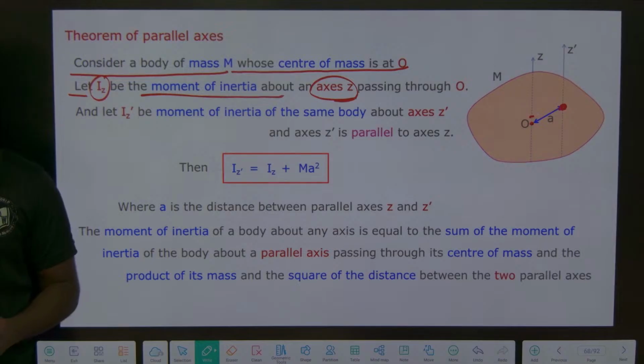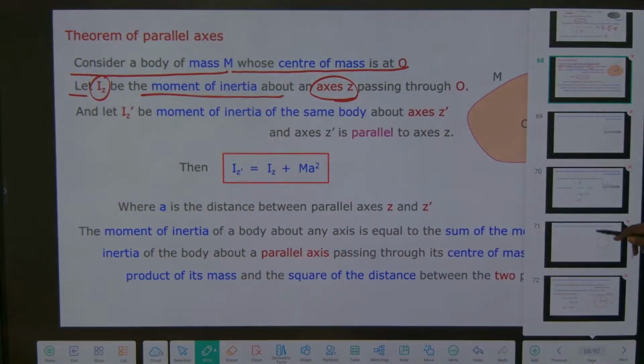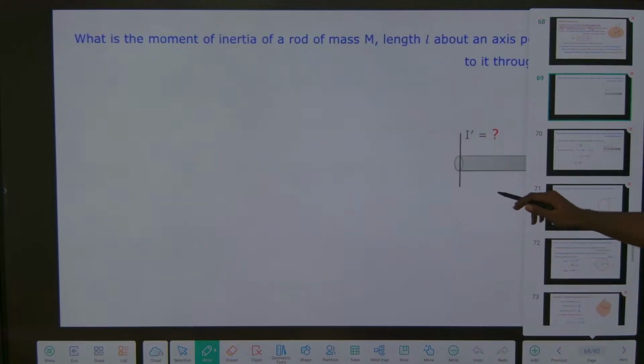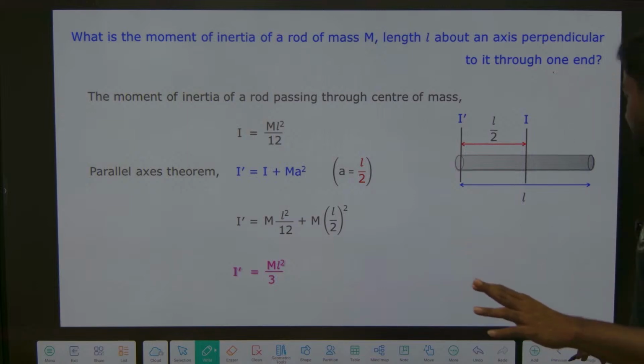Are we done? Okay, so here is the question. What is the moment of inertia of a rod of mass M and length L about an axis perpendicular to it through one end? Simple thing, guys.